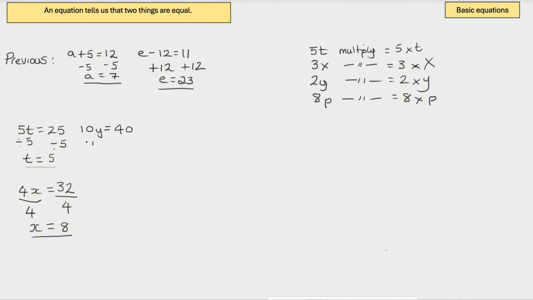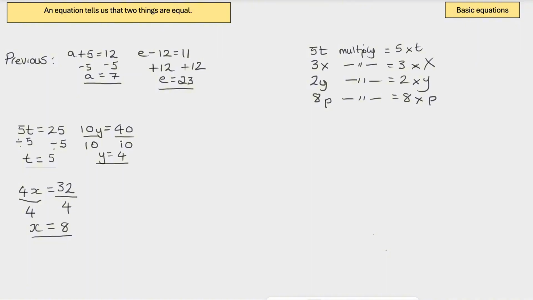So we're going to divide by 10. So we know y equals 4. Okay? So when it's a multiply, you need to divide.